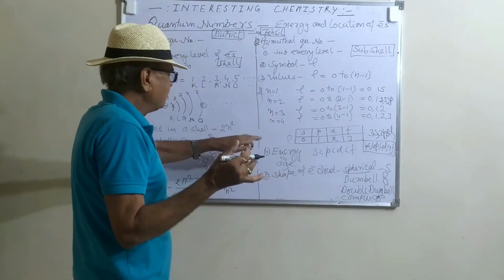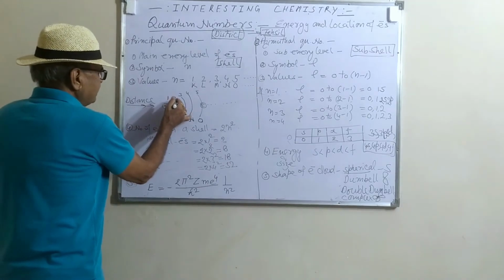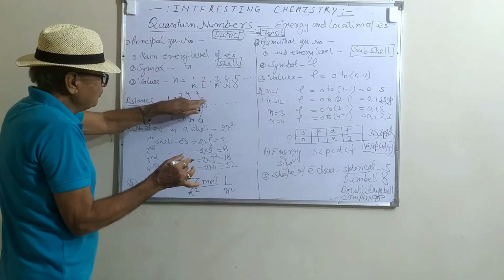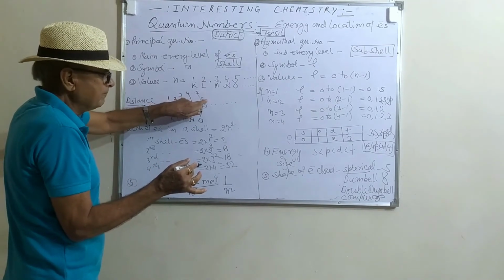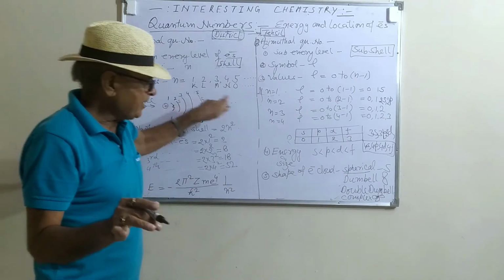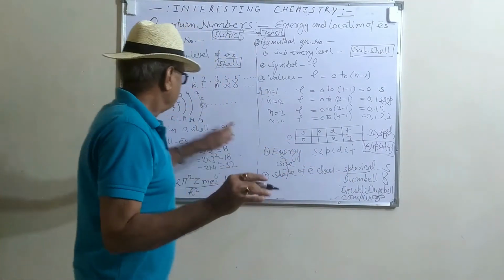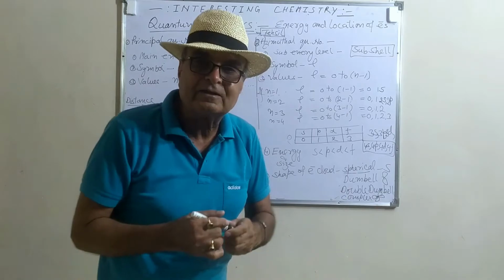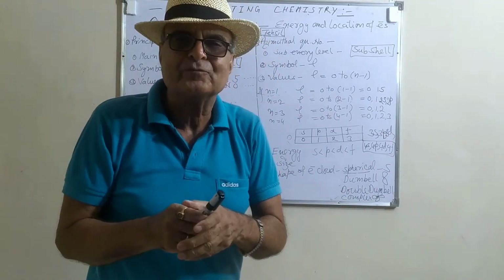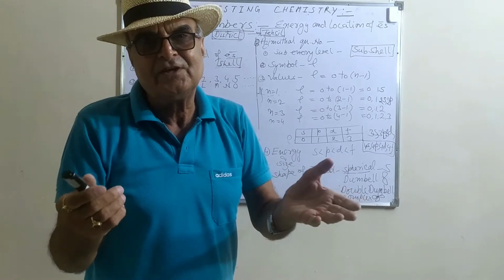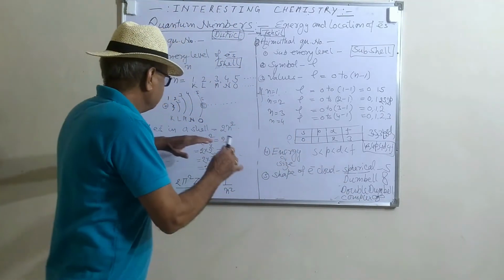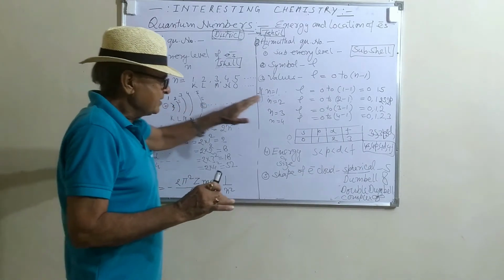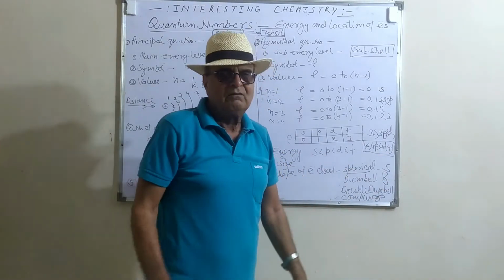Suppose here you will find s and here is also s. The shape of both s is equal, the shape is spherical. This s is spherical and this s is also spherical, but the size will increase as the distance increases.